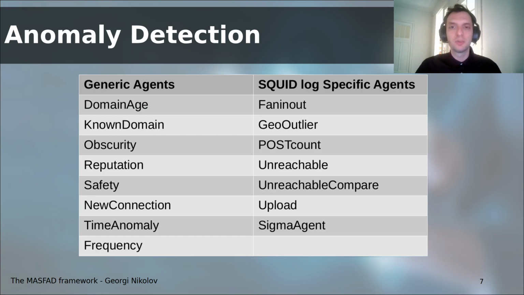On the other side, we have specific agents that work with a specific type of raw data. In the case of Squid logs, we look, for example, for the geolocation of the servers that the clients have connected to, the amount of information and data that has been exchanged between the client and the outside server, and even incorporating some already known indicators of compromise, for example, the Sigma rule set, which combines different already established and analyzed IOCs from APTs.